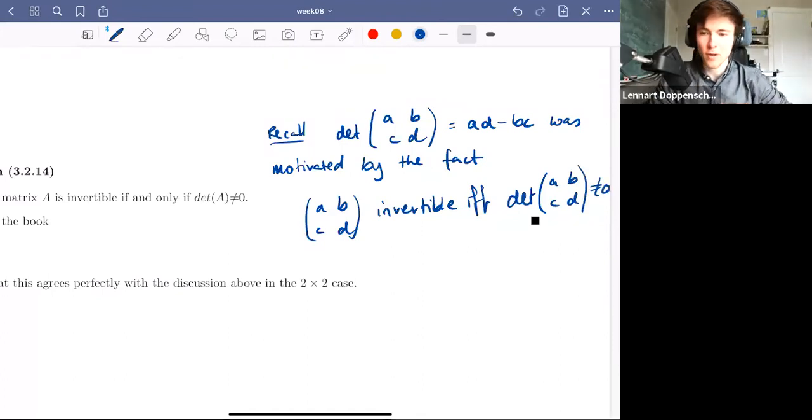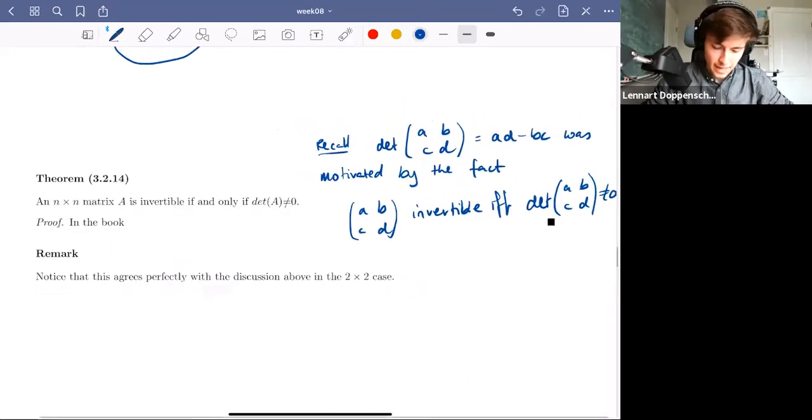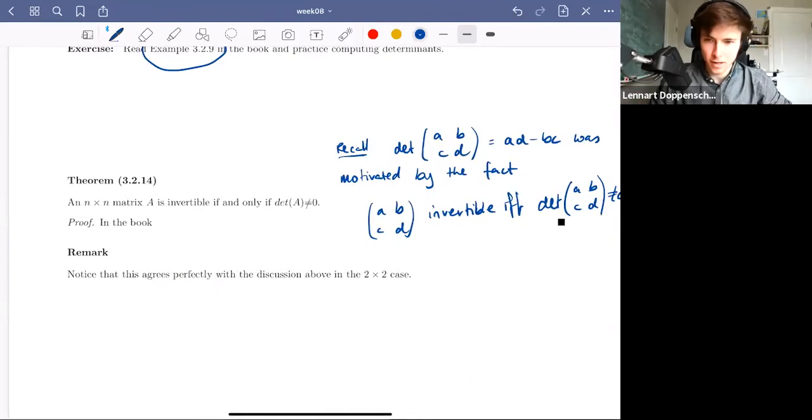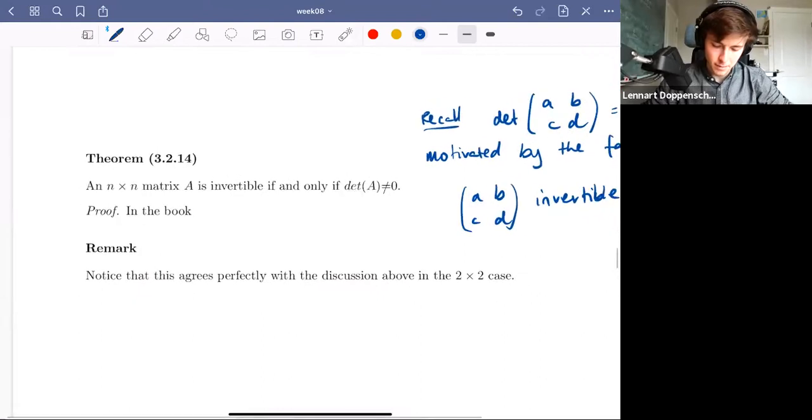So that was the whole thing that we started out with yesterday. Yes, exactly. Yuan wrote this just in the chat. And now it turns out that after we've gone to n by n matrices, this fact is still true. I think this is really cool because it gives us a tool.